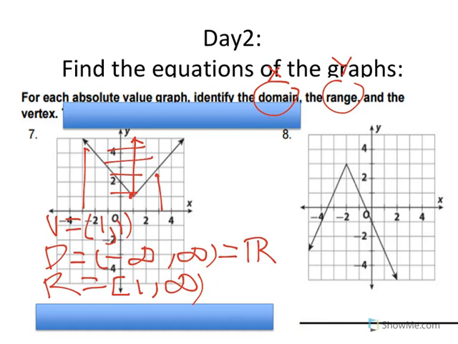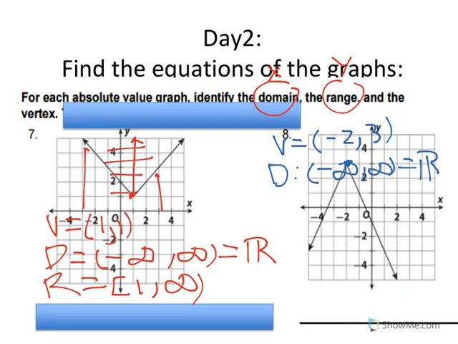Okay, so let me use a different color for our number 8. The same thing for the vertex is this point here. Say that it's (-2, 3), and the domain, as we all know, is going to be all real numbers. Okay, and the range depends on where the graph is.